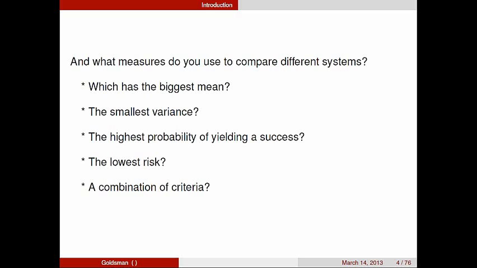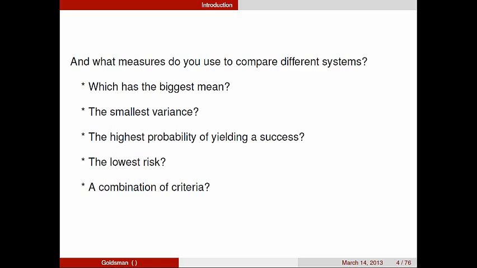I might also, if I'm a risk manager on Wall Street, be happy with different portfolios in terms of how much money they're going to get me on average, but I might want to minimize the variance, because these days most people don't want to be on the roller coaster on Wall Street. They would prefer to make nice, even winnings and put up with a little bit of variation as opposed to going up and down and getting high blood pressure. So I might be interested in finding the system with the lowest variance.